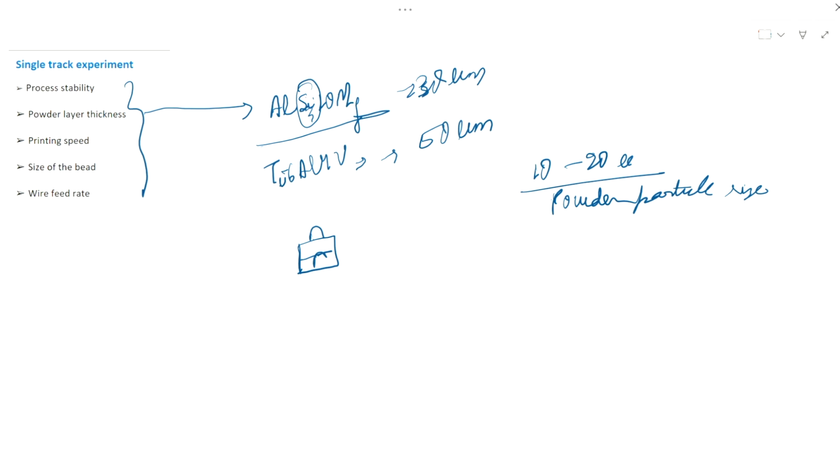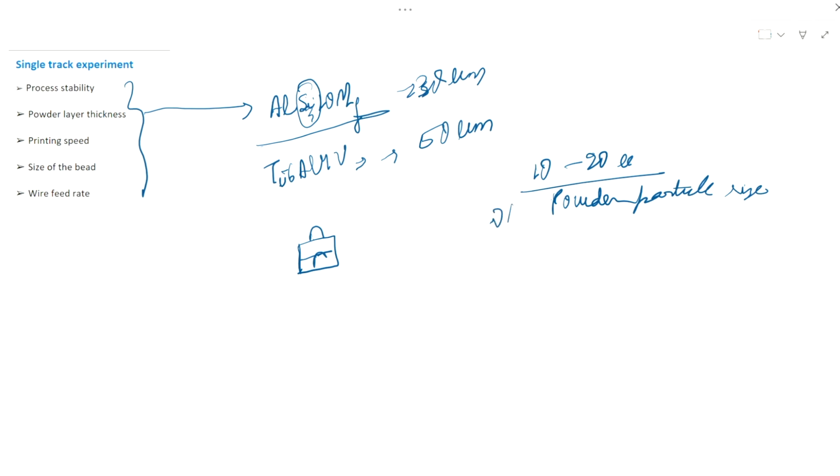So if I am 3D printing aluminium, the powder particle should be less than 30 micron, and it is not possible to maintain a 30 micron thickness for titanium, if I am using this parameter.